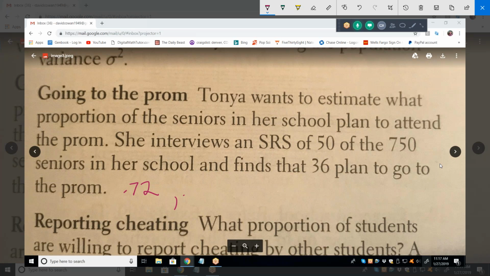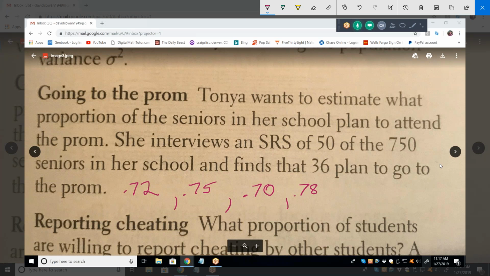Probably not. No. She might get 0.75. She might find that 3/4 of them are going to go. And she does another one. And this time she finds out that 70% are going to go. And she does another one. And this time she finds out that 78% are going to go.